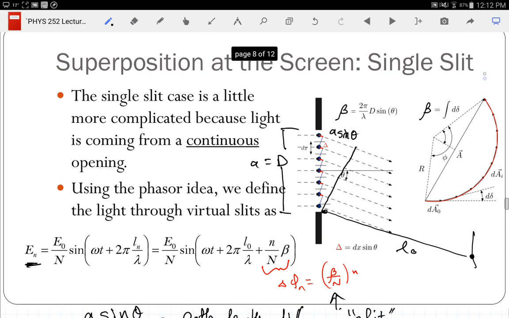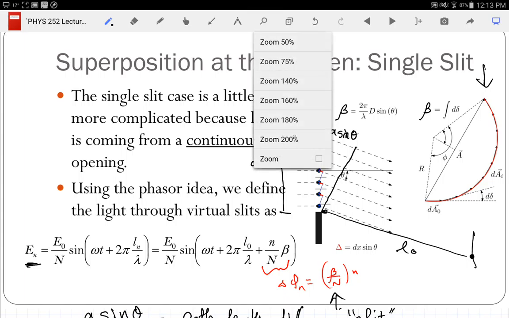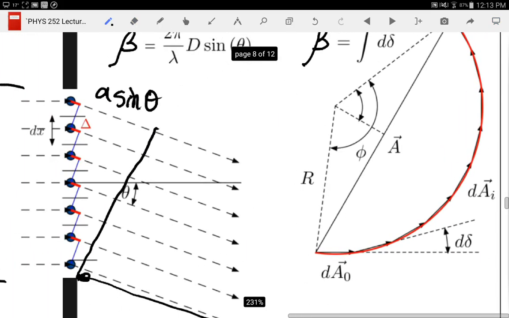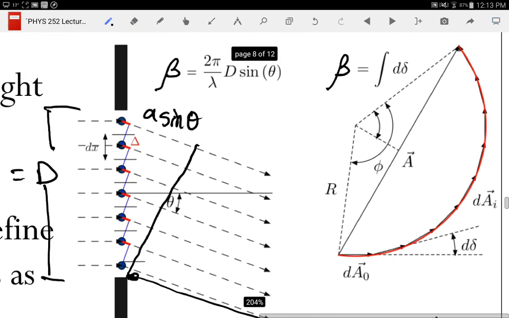So this picture here, if you see the little arrows, actually I'm going to zoom in again. I think it's better to see this zoomed in. Those little arrows are for if you did a discrete number of slits, like I broke it up into 10 slits. And then I add up the phase vector for each of those slits.